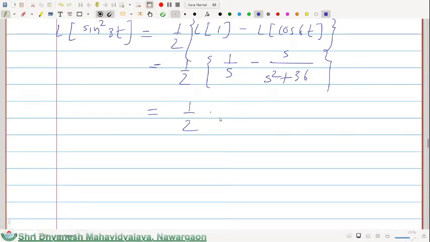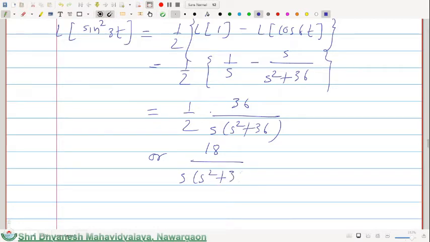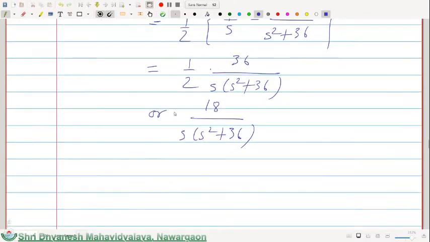So 36 upon the LCM of s and s square plus 36, which is s square plus 36 into s, or it is 18 upon s into s square plus 36. This is the required Laplace transform of sine square 3t.